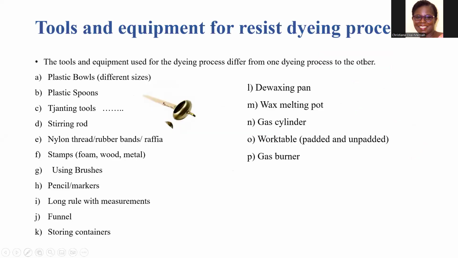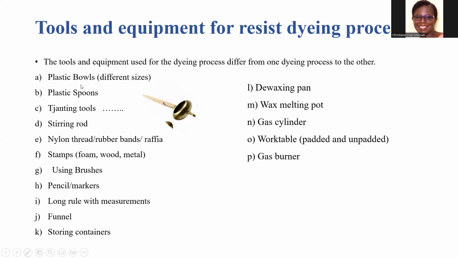Then you can also use the equipment. We have the waxing pan, the wax melting pot, the guard cylinder, and the workable table. Mostly you need a padded table, but you can also use an unpadded one if you don't have the padded one. Then the guard burner.